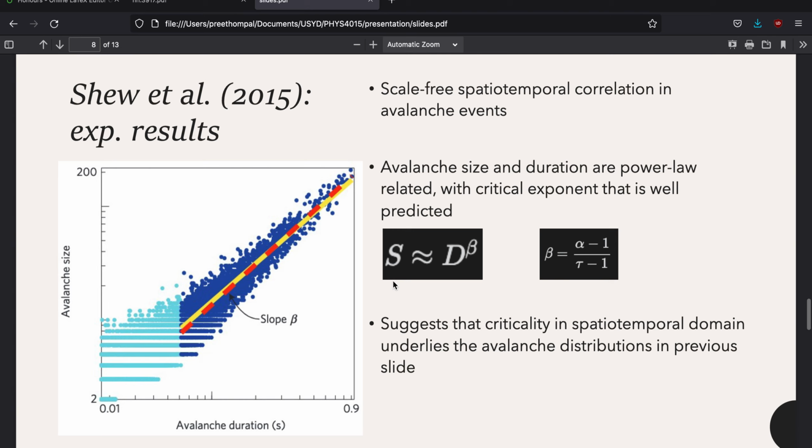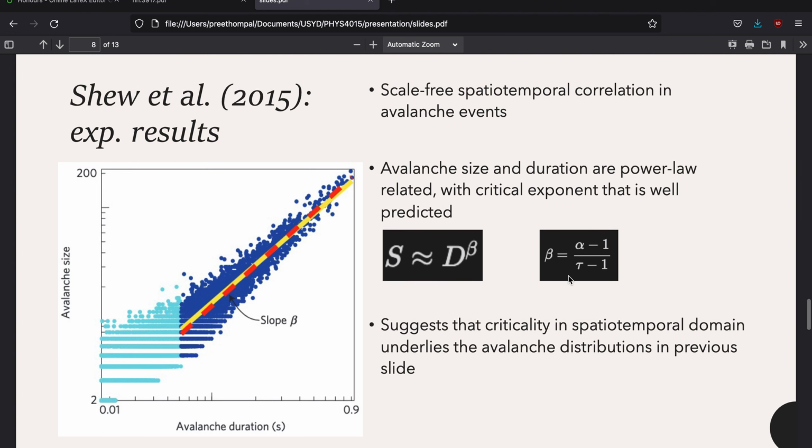And we can see that the critical exponent relating size and duration, that's beta, actually depends on the critical exponents of the duration distribution and the size distribution.